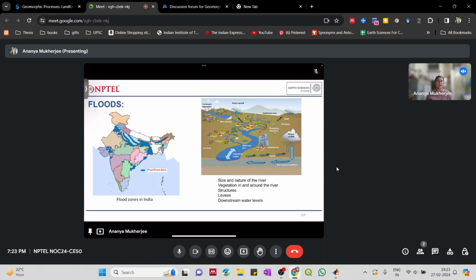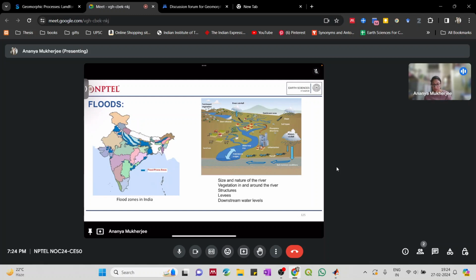So it is required, but when it causes a lot of harm to life and property that are occurring around these drainage basins, then it is necessary for us to understand how the floods are occurring, what is the frequency, and how we can try to mitigate it.